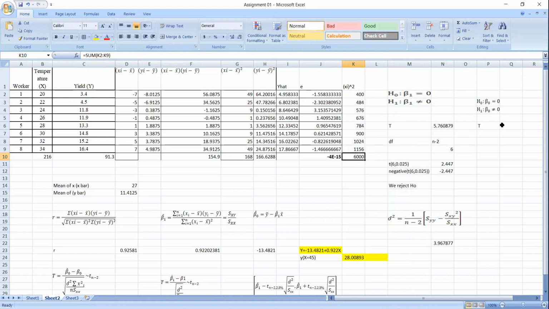Now we can calculate the test statistic for beta naught. In the numerator, we have beta naught hat that we have to divide by the square root value of sigma squared hat, which we also calculated, multiplied by the summation of the xi squared values, which we also calculated, divided by n, where n is 8, into Sxx.